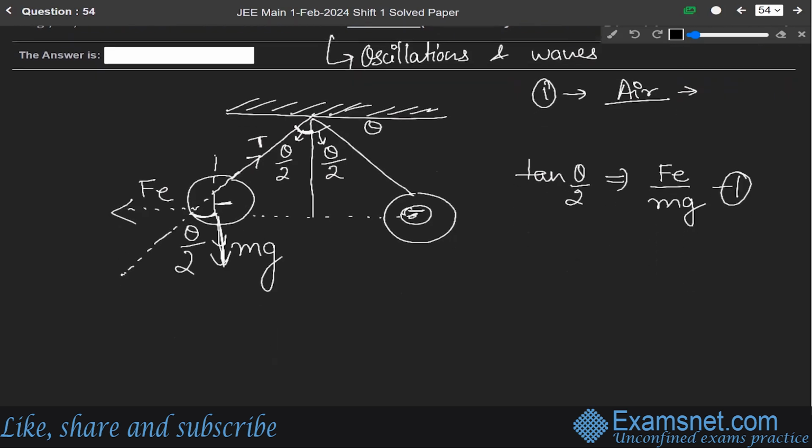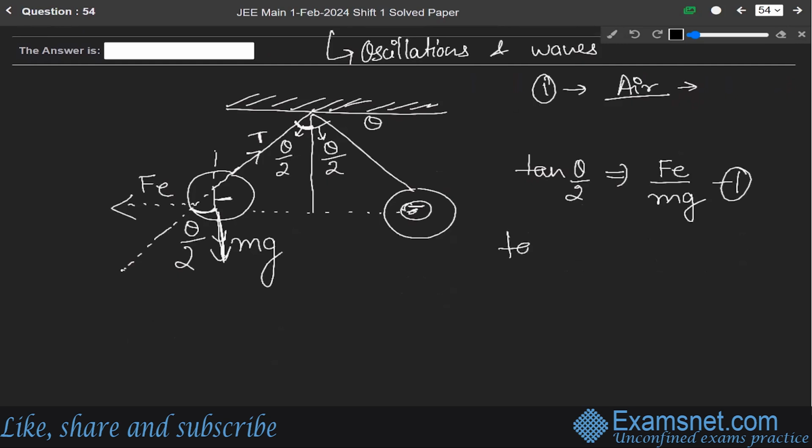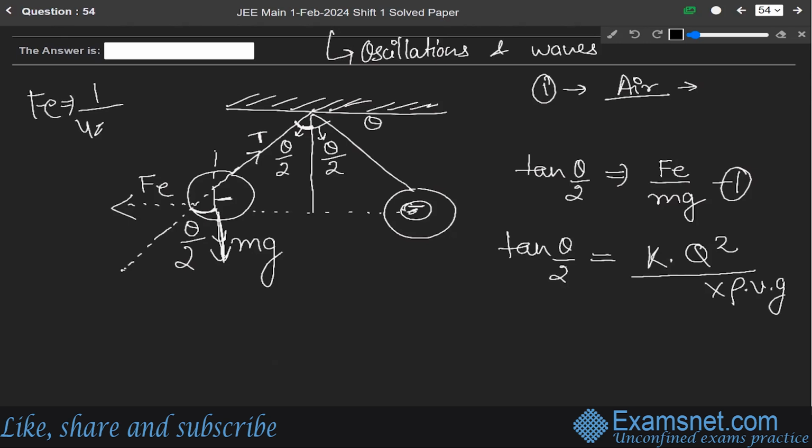So tan theta by 2 will be equal to Fe, the electrostatic force, which is K into Q1 Q2, that is Q square, the charge of both the spheres, over the mass, which we write as rho into V into gravity. Length is also a factor. Fe, the electrostatic force, is 1 over 4 pi epsilon naught Q square over R square.